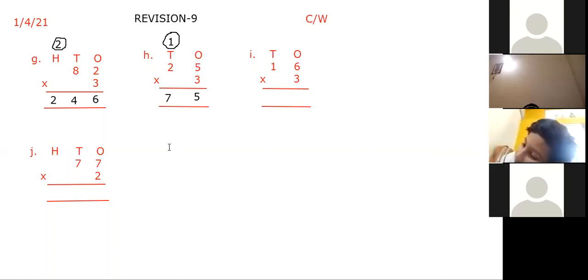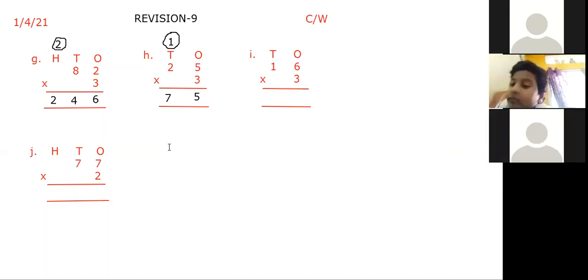Azlan, unmute yourself and please read next question. Ma'am, bit I. Yeah. 16 multiplied by 3. Very good. So which table? 3 table. Good. And what is the number in ones place? 6. So 3 6s are? 3 ones are 3, 3 twos are 6, 3 6s are 18. Very good.